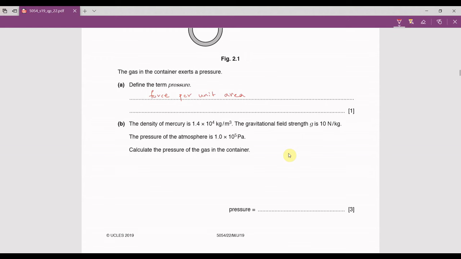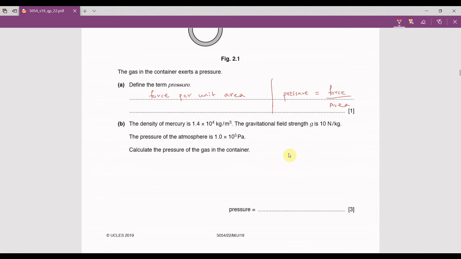These are quantities where you can write the formula as a definition as well. But always remember to write the formula in words and not in just symbols. If you're writing just the symbols and not explaining what the symbols mean, you're not going to get the marks. So if you want to write the formula, then use complete words. Force upon area, that will give you your mark.